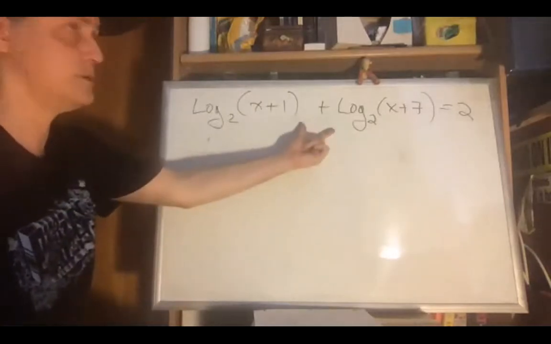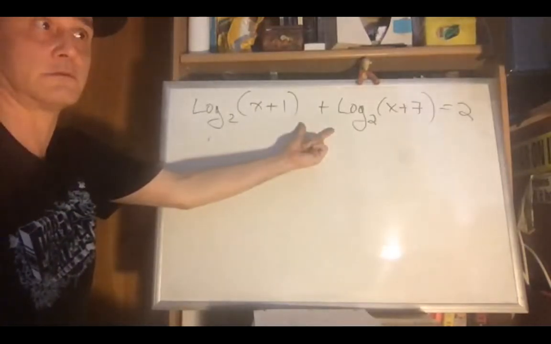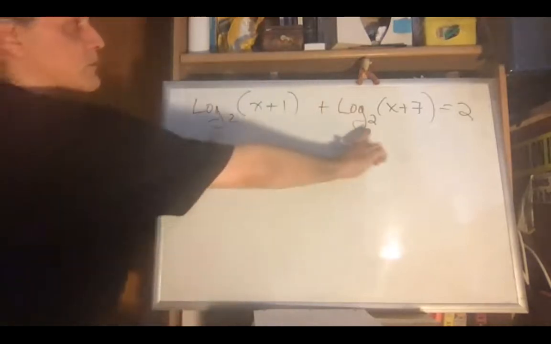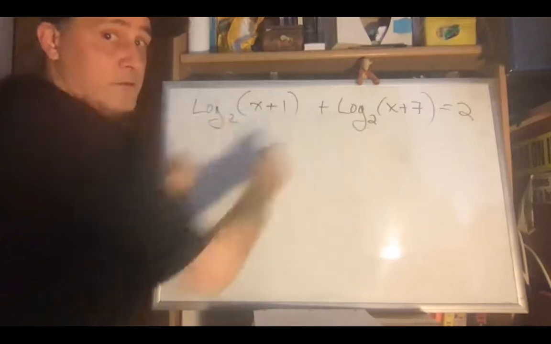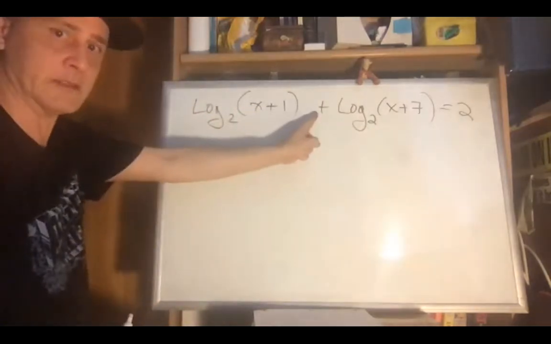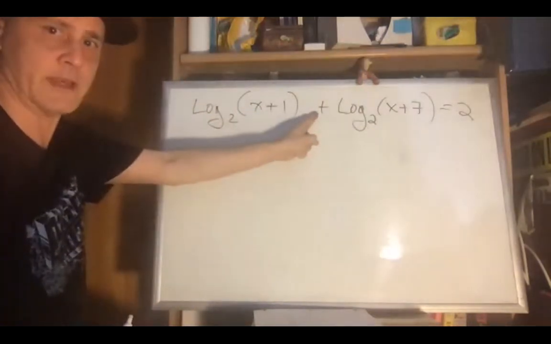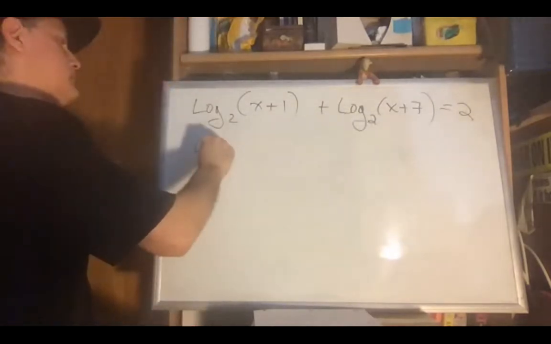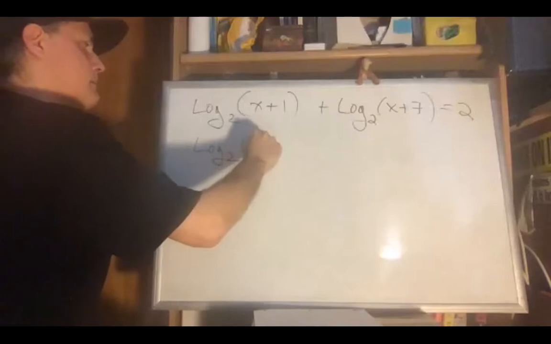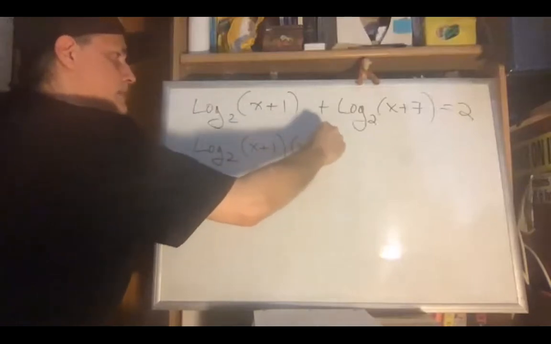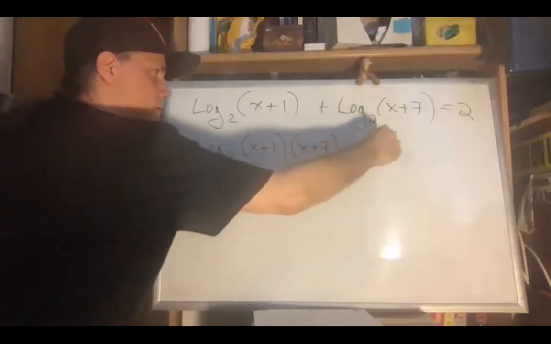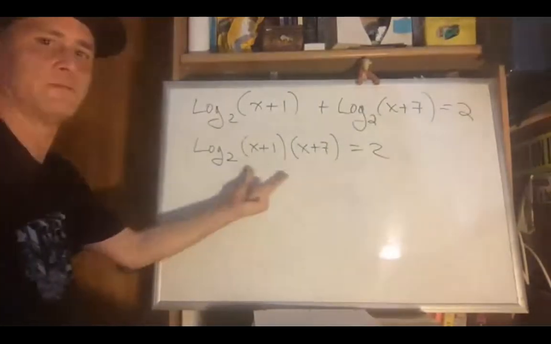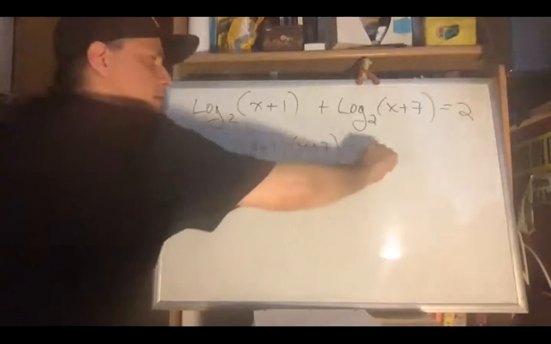And so what we have to do is contract the left side to get a single log. They're both based on 2. So we can immediately apply the property. So if we're adding logs, that means originally the values had to be multiplied. Okay, now we got a log, and this is the value, equals 2, so the exponent's 2.